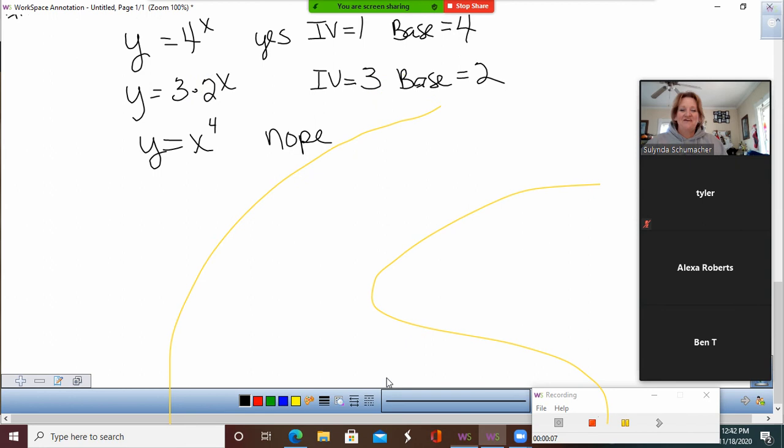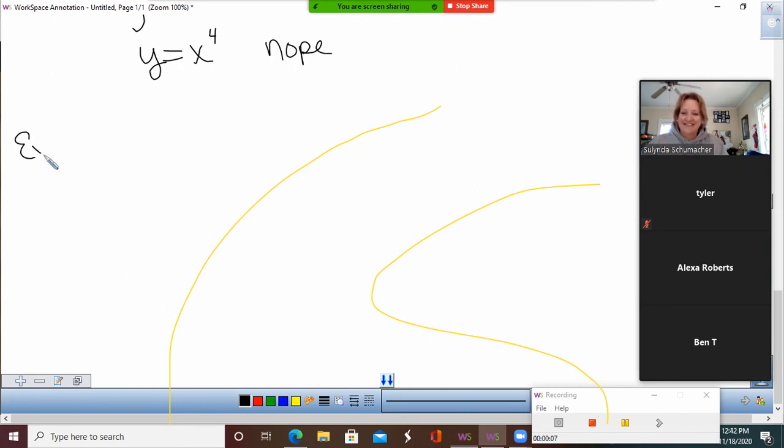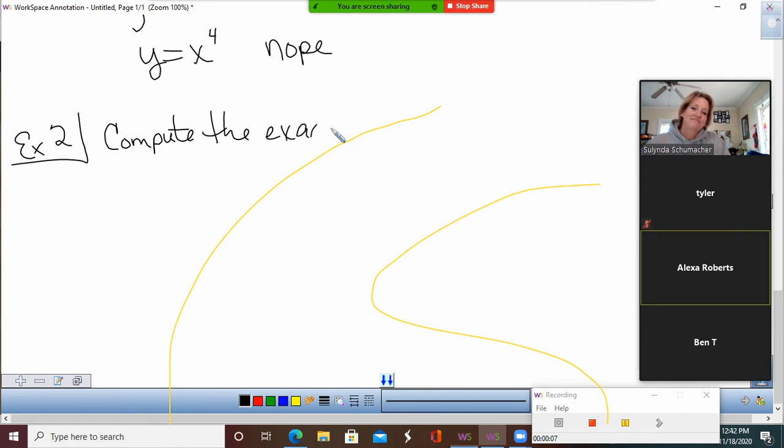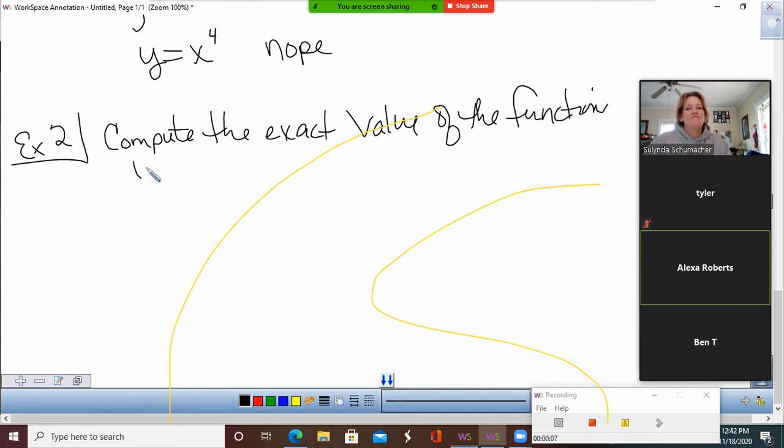All right, example number 2. I want you to compute the exact value of the function, you're going to love this part, without using a calculator.